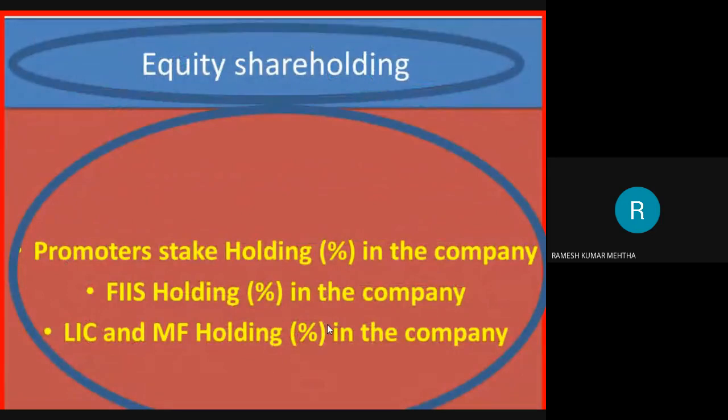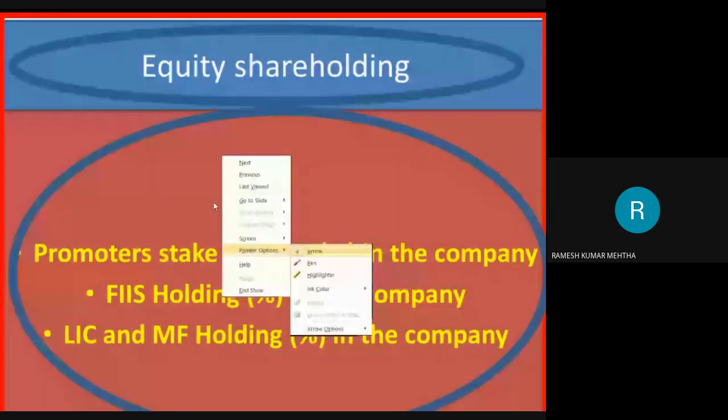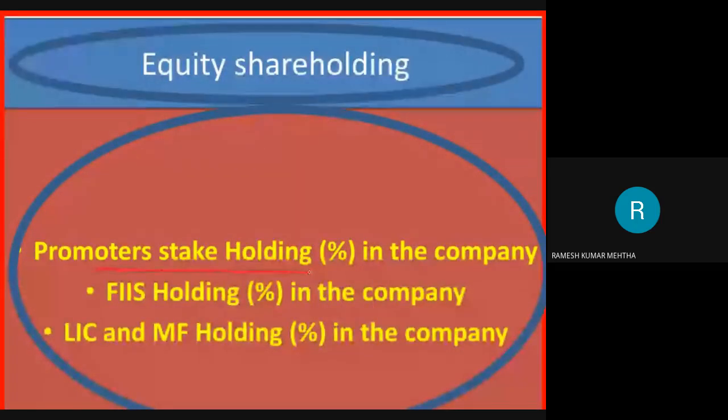Next one is very important: the equity shareholding percentage of the following entities. You have to look at this also: how much stake the promoters or the owners of the company are holding in the company. For example, X company is there.